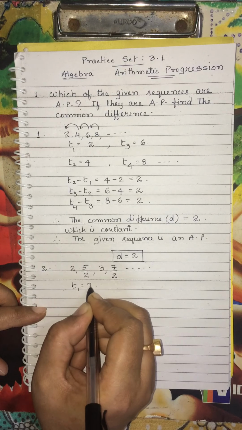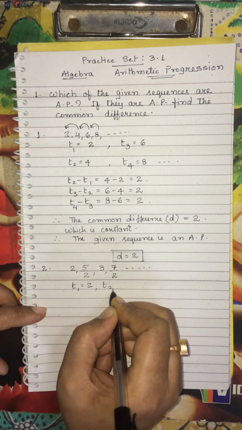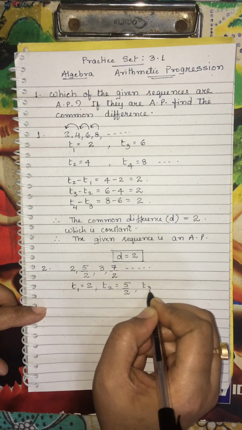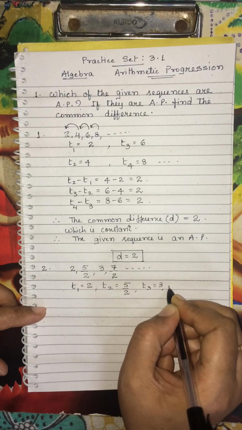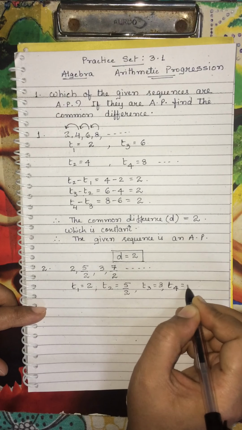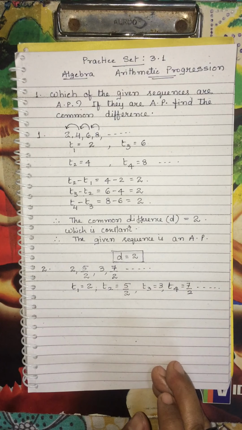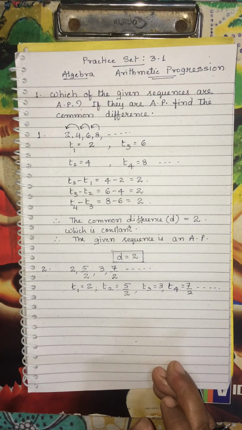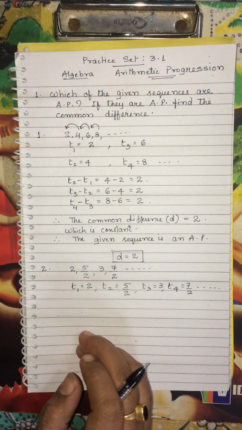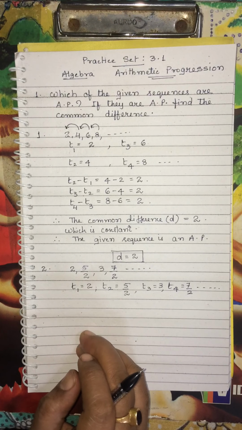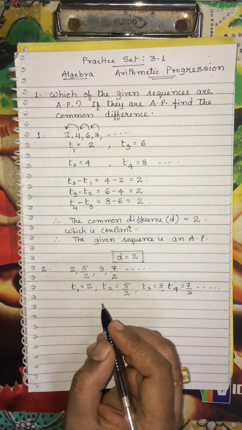So here the first term is 2, the second term is 5 upon 2, the third term is 3, the fourth term is 7 upon 2, which we have modified children. If it is given as per the textbook, do not modify it in any manner, you have to do as is given to you. So I will show the textbook question also. Let us do this first.